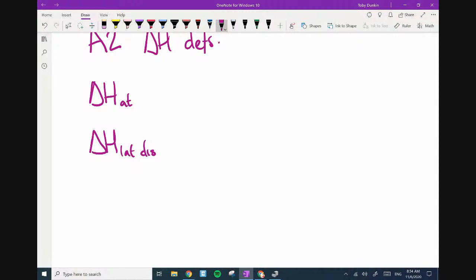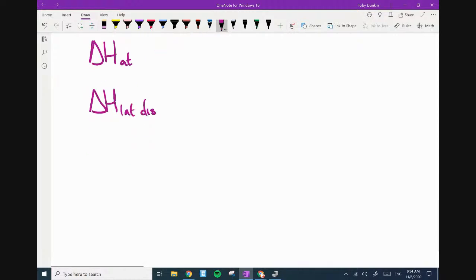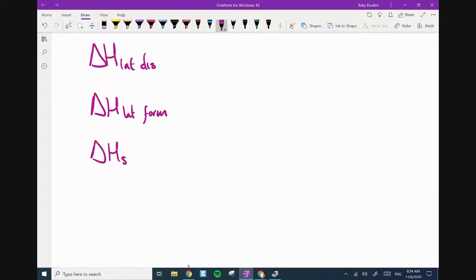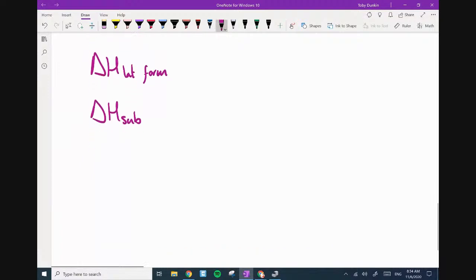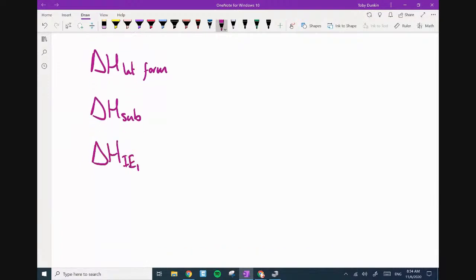By the way, just to point out that lattice dissociation is just enthalpy of lat, annoyingly. But I like to put lat dis. Then there's enthalpy of lattice formation, lat form. Then the enthalpy of sublimation. Then ionization energy 1, ionization energy 2.